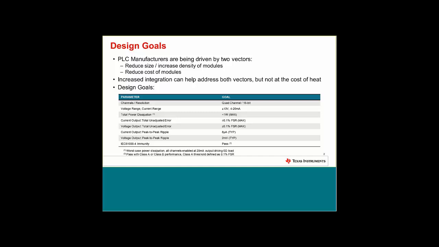The magic number that we're trying to hit in terms of power dissipation, which relates to heat dissipation, is less than 1 watt. For both the voltage and the current output, we'd like to achieve less than 0.1% full-scale range max total unadjusted error. That's the error prior to any calibration.